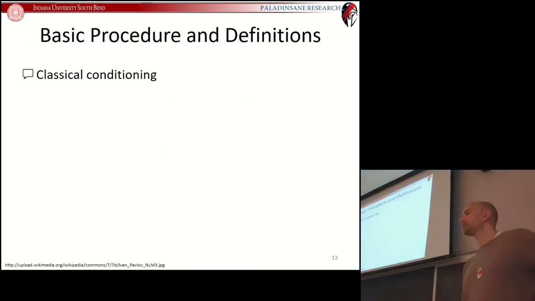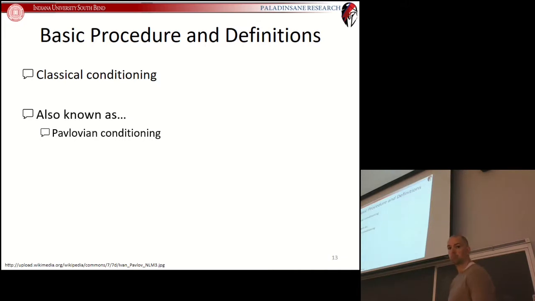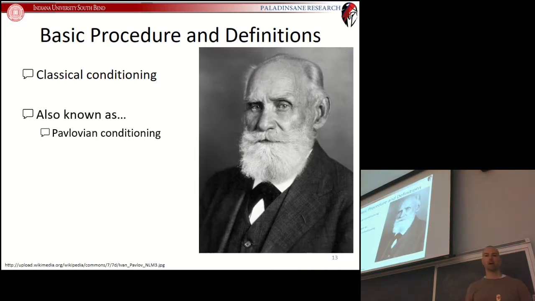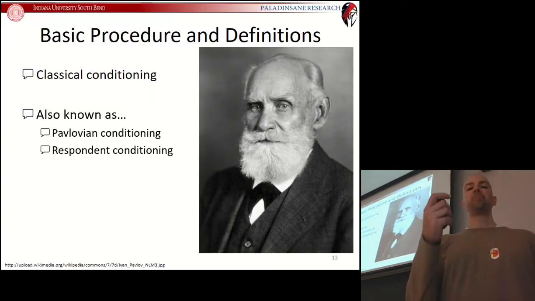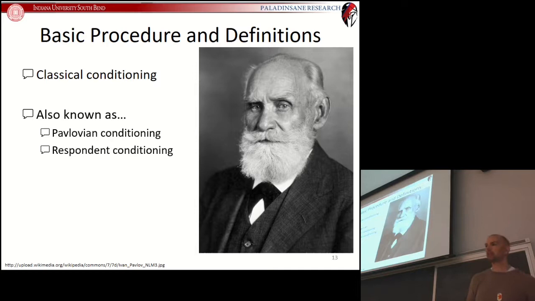All right, so classical conditioning, it's also known as Pavlovian conditioning, after Pavlov, the first scientist to discover it. It's also known as respondent conditioning. We're only going to use the term classical conditioning here in this course, but in your future readings, if you come across Pavlovian conditioning, if you come across respondent conditioning, it's exactly the same thing. Don't get confused. It's classical conditioning.